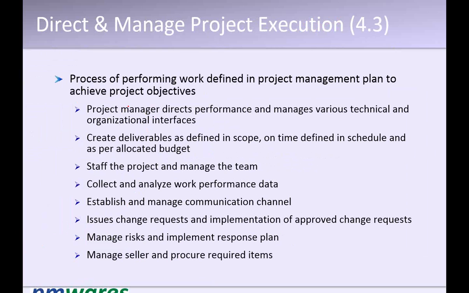See, what is the main outcome of execution? The main outcome of the execution is deliverables, right? The team is working as per the project plan and producing deliverables. That is the main thing.